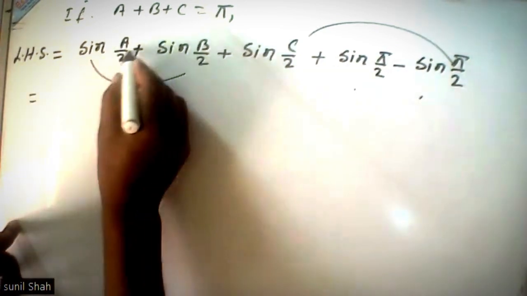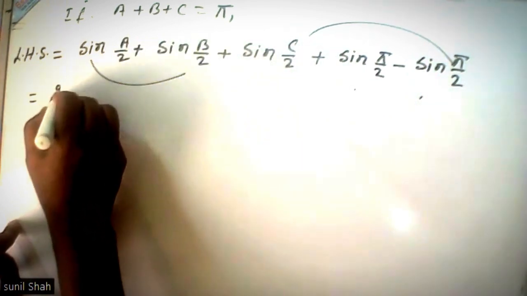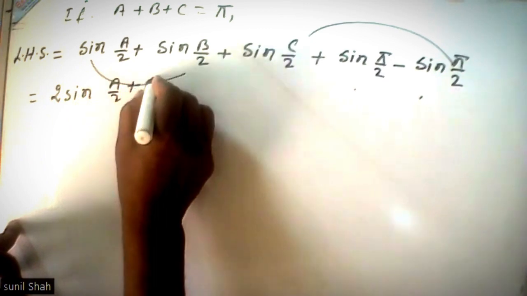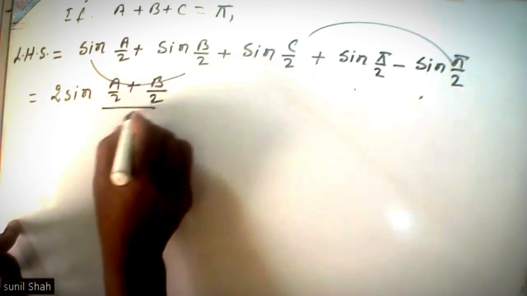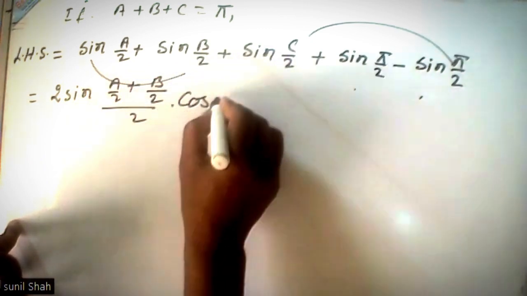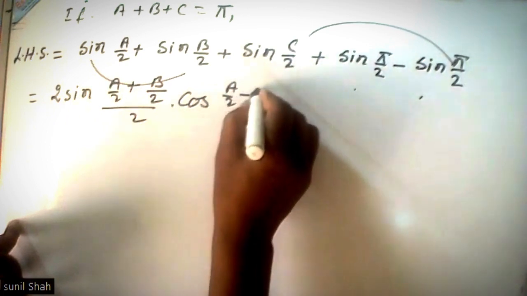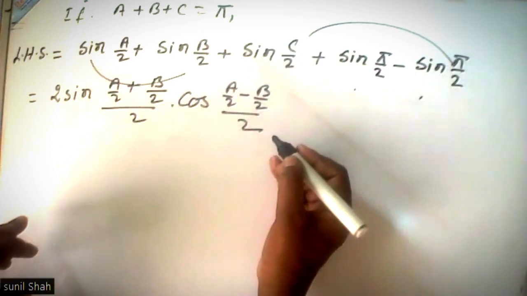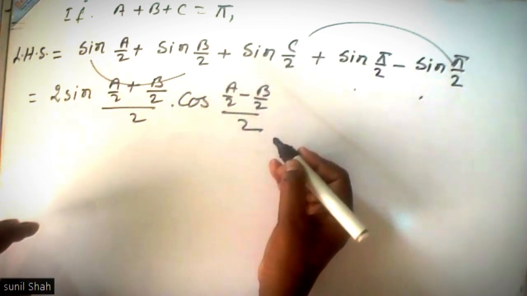Now we have sin C plus sin D, 2 sin C plus D by 2 into cos C minus D by 2.